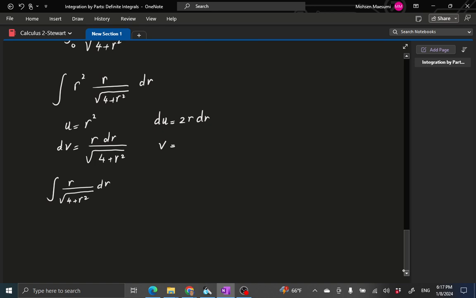Who is that? Well, this falls in calculus 1, where we use substitution, w is 4 plus r squared. So dw is obviously 2r dr. So everything looks like it's working. This is my radical w. r dr is half of my dw. So I write 1/2 of dw for my numerator, and this is radical w.